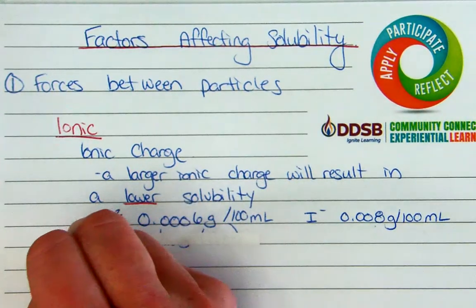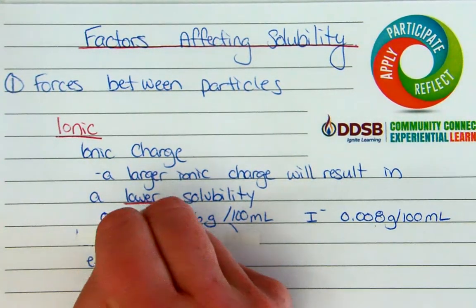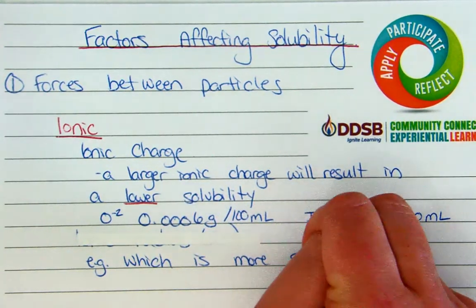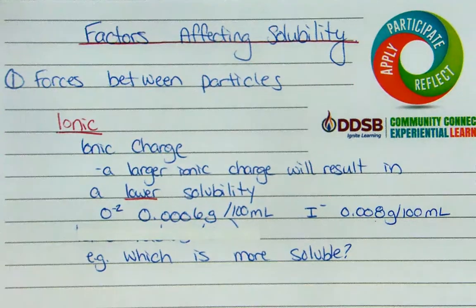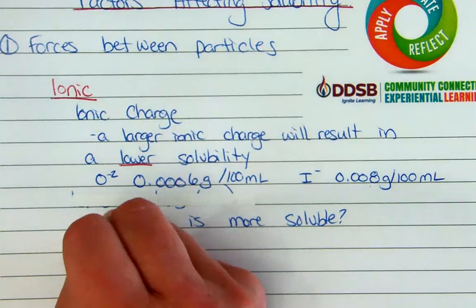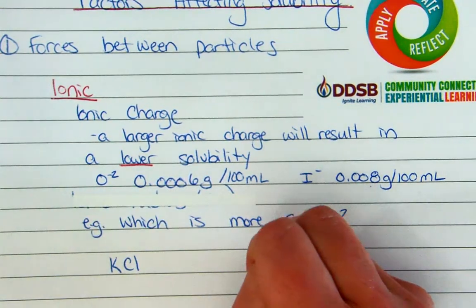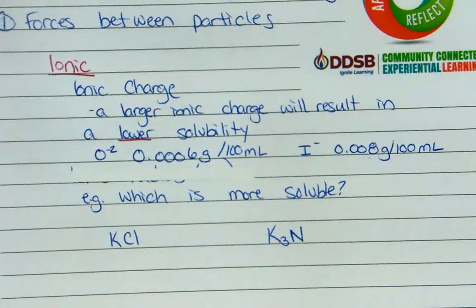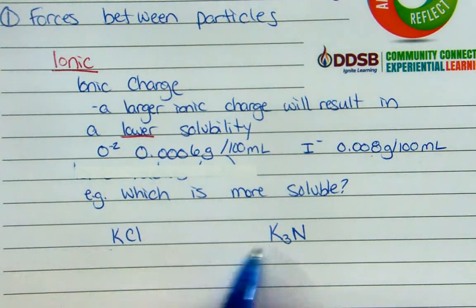So for example, which is more soluble? Would it be potassium chloride or potassium nitride? Our cations are the same, so that's not going to cause a difference.